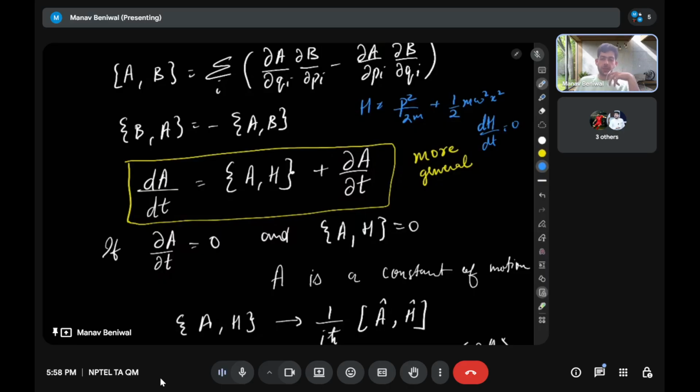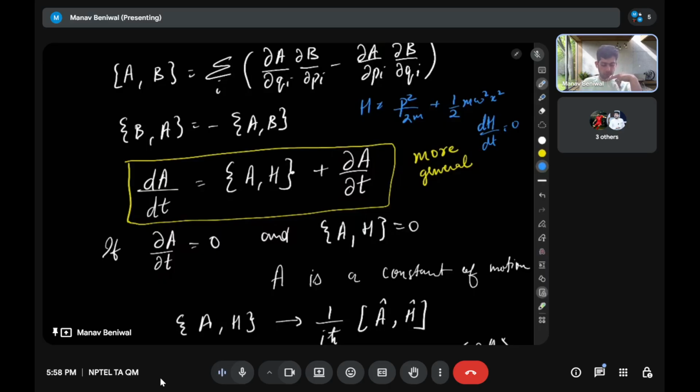Now you can do the same thing for a problem where your momentum has no time dependence, for example a free particle, like a particle just floating in space. It has just some velocity v, and there is no force to change the velocity v.